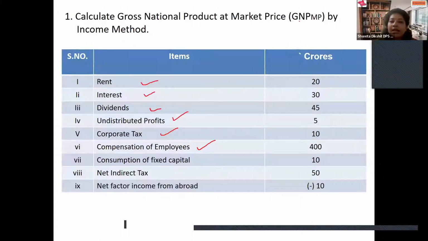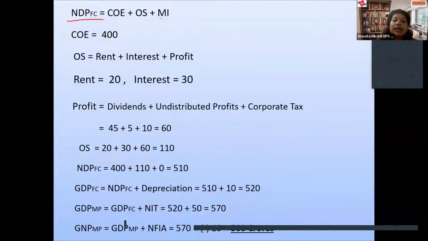Adding them all, you will get the value of NDP at FC. What you have been asked is GNP at MP. So I'll show you how it is done. NDP at FC is equal to COE plus OS plus MI. So value of COE is 400, as I just showed you. Rent is 20, interest is 30, and profit is made up of dividends, undistributed profit, and corporation tax: 45, 5, and 10.